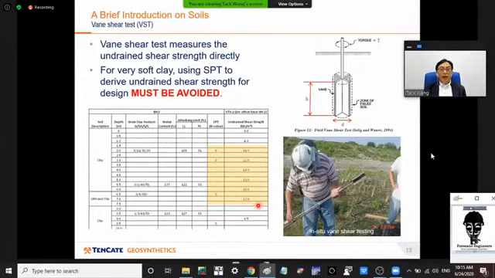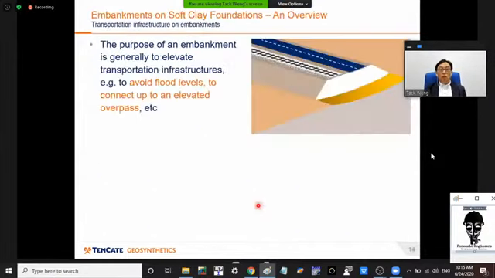Right, embankments. What is the purpose of embankments? The purpose is generally to elevate some form of transportation infrastructure to avoid flood levels or to connect up to an elevated overpass or road.